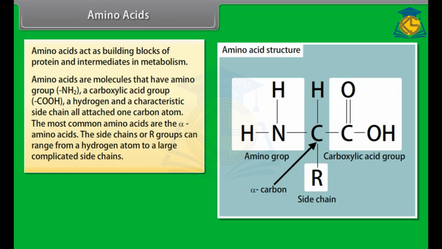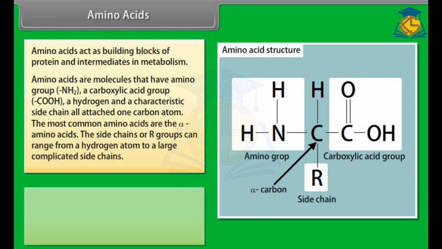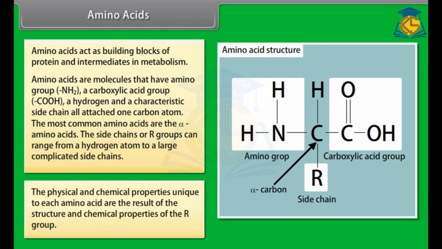The most common amino acids are the alpha amino acids. The side chains or R groups can range from a hydrogen atom to large complicated side chains.